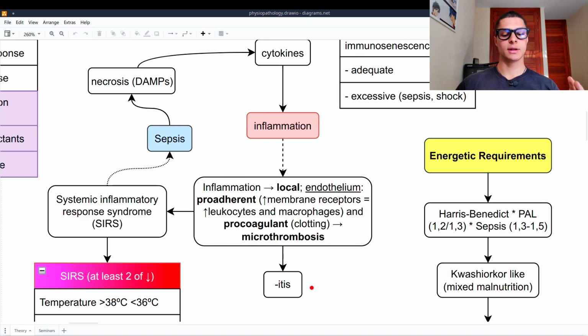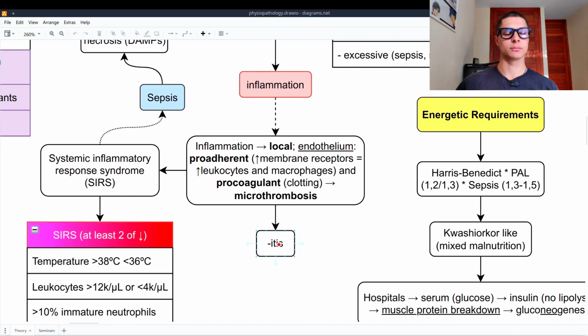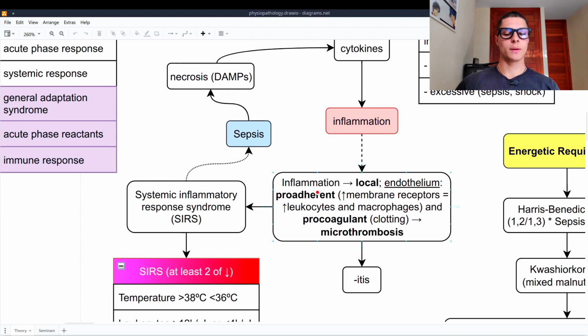And here comes the -itis noun. This is a way of speaking in which we say that something has an inflammation. Meningitis is an inflammation of the meninges, for example. When the inflammation is not local anymore, we talk about systemic inflammatory response syndrome, SIRS.